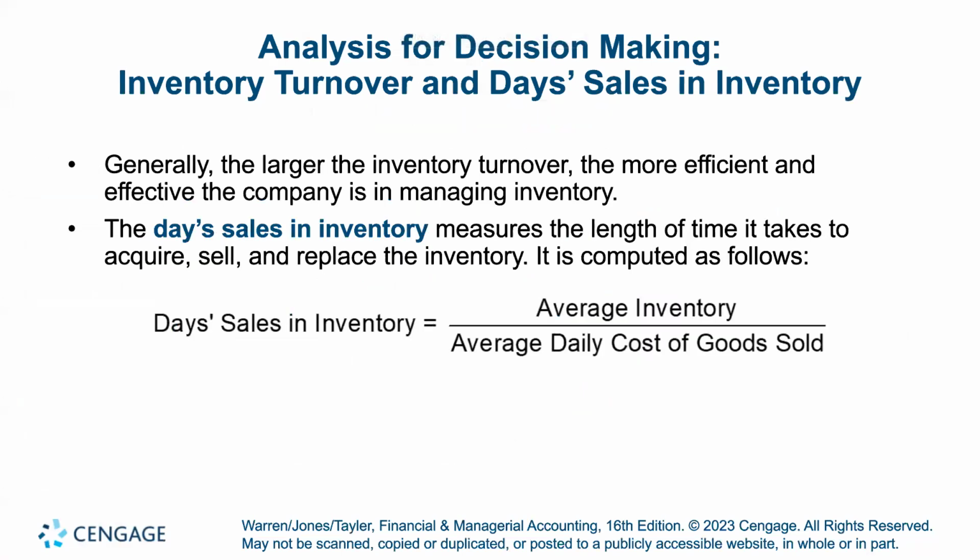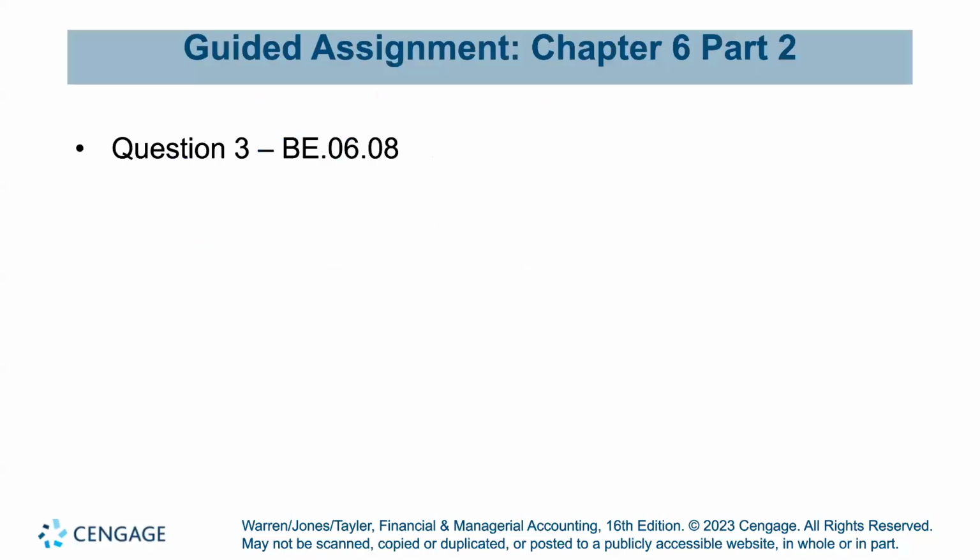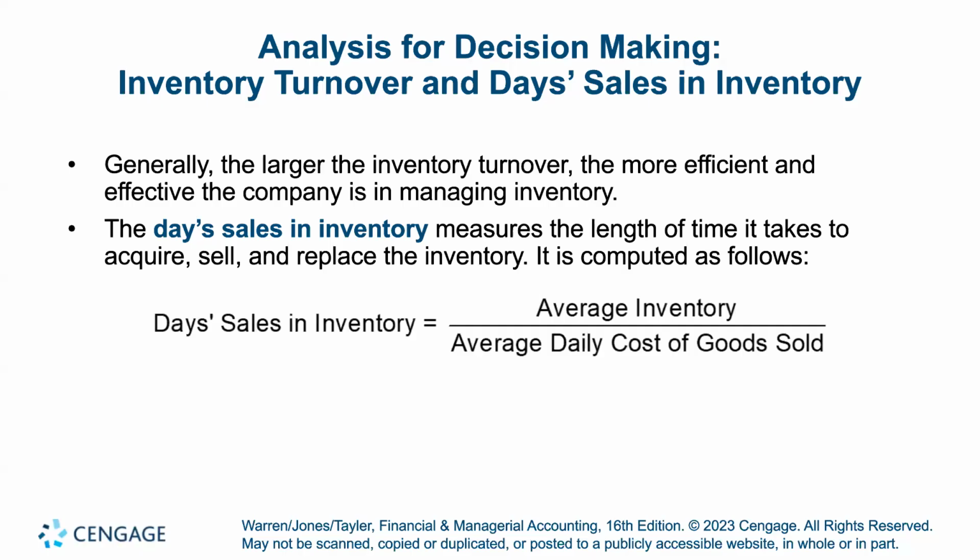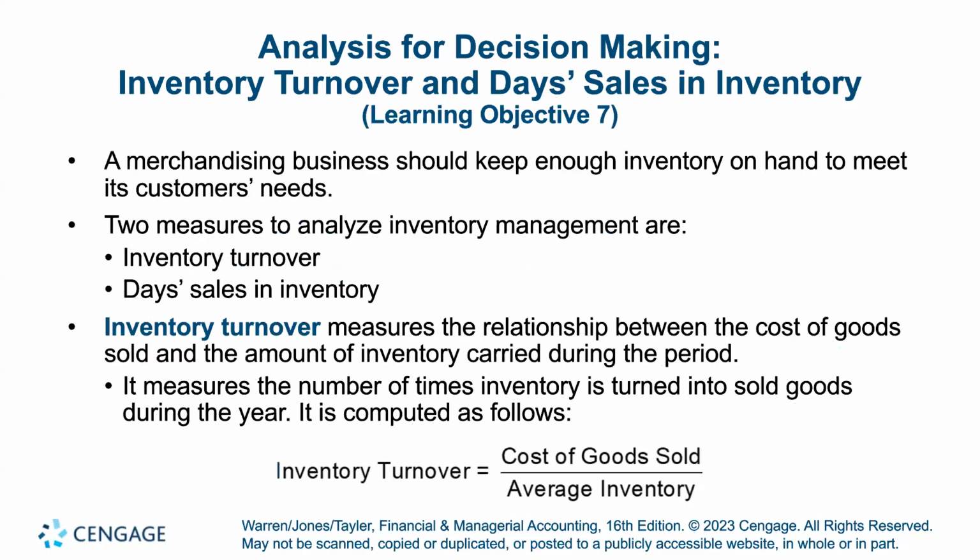And then the other is what's called days sales in inventory, which is the average inventory divided by the average daily cost of goods sold. So again, let's remember these: inventory turnover, cost of goods sold divided by average inventory.